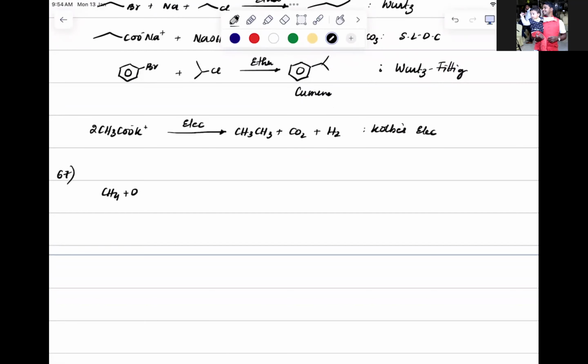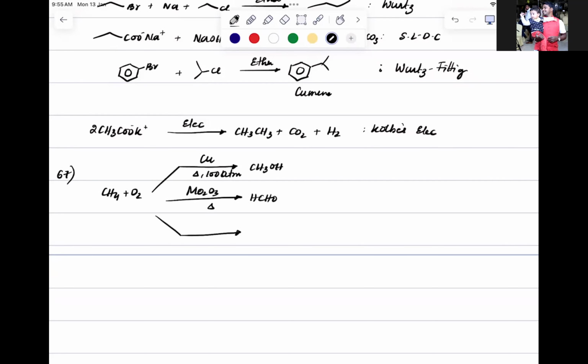Next, 67. These are industrial reactions directly asked in questions here. So if it is copper and heat at around 100 atm, then it is CH3OH. If it is molybdenum oxide, Mo2O3, and heat, it is formaldehyde.